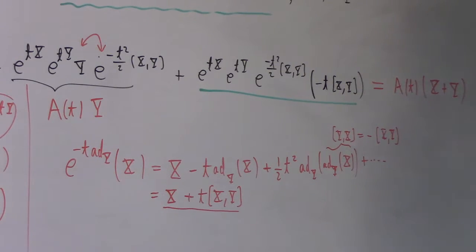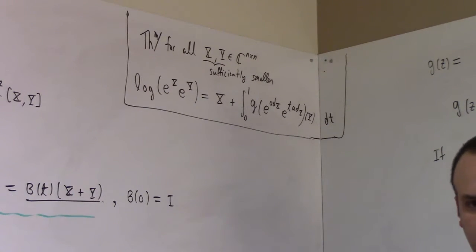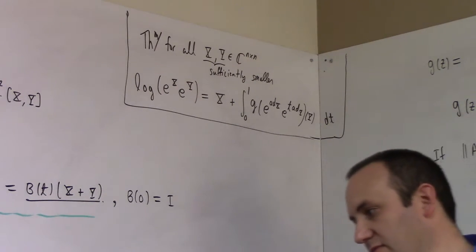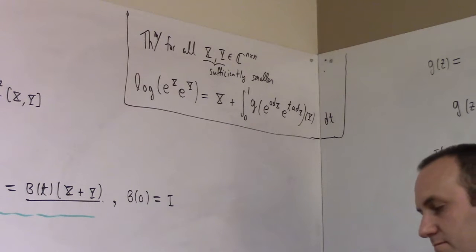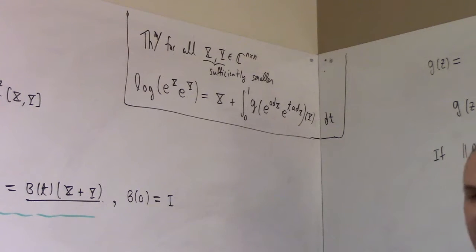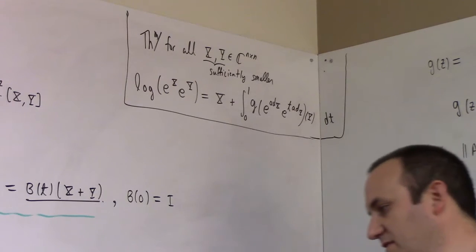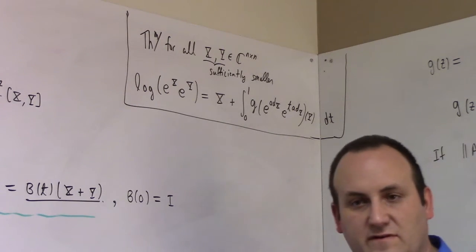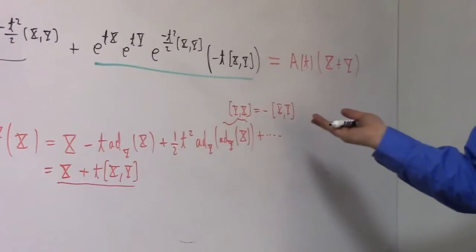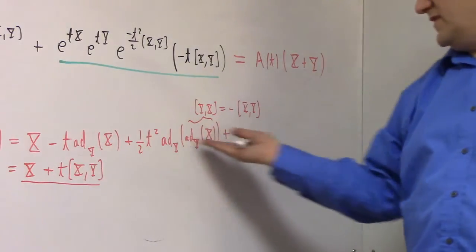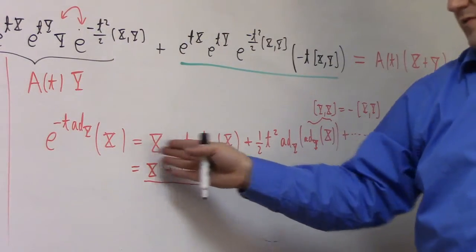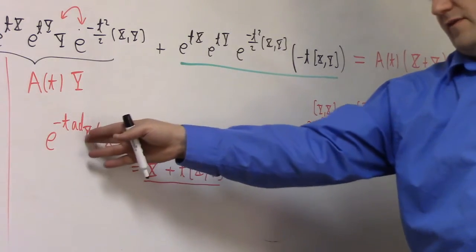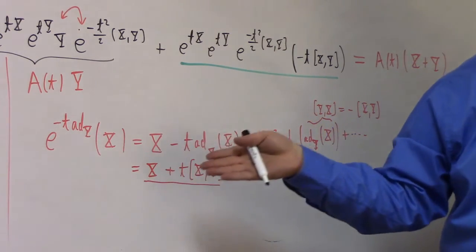So if x and y are small, then these terms are small, and so this series is not big. X is close to 0, so this thing is close to being 0. So basically, this is approximately dominated by x. In other words, the exponential of the adjoint for a very small matrix is very close to the identity.